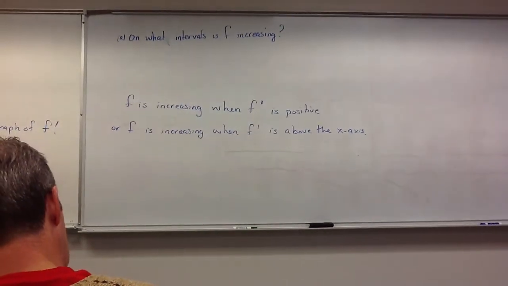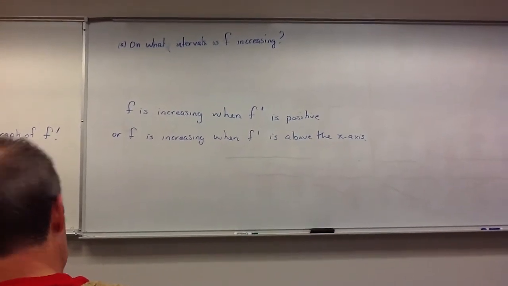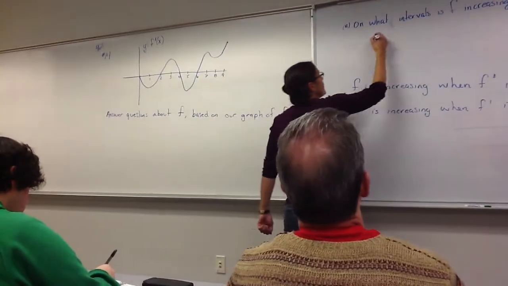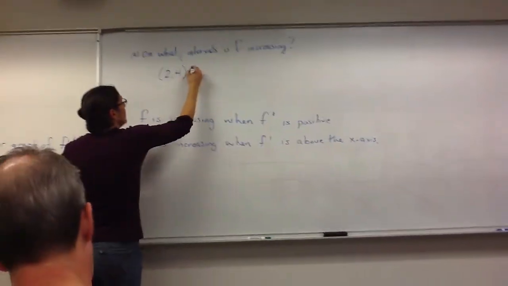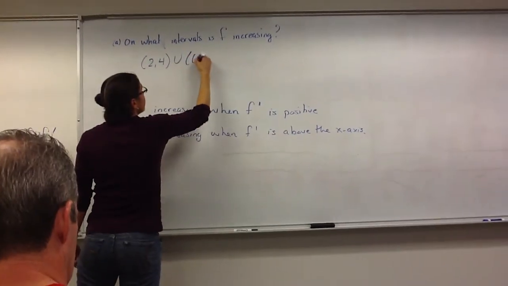Okay, so my connection is that f is increasing when f prime is positive. So over here, when I look at this graph here, f prime is positive from 2 to 4, and then also from 6 to 9.